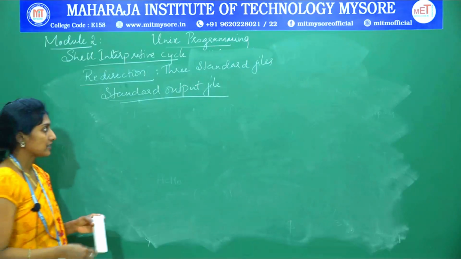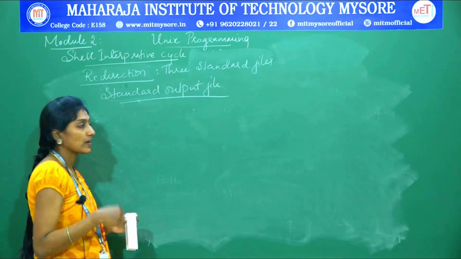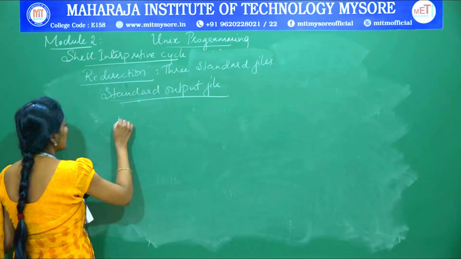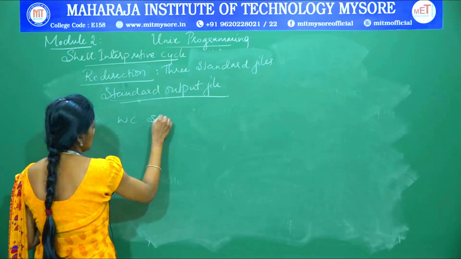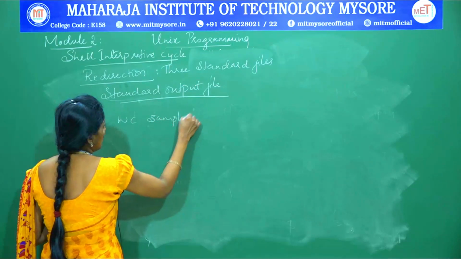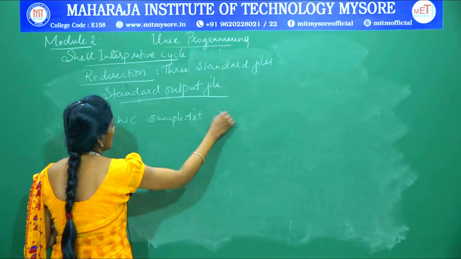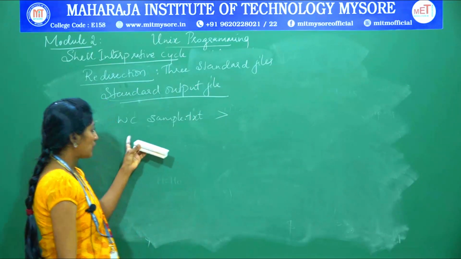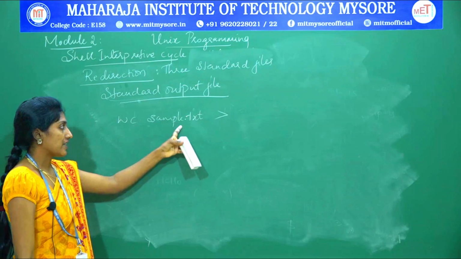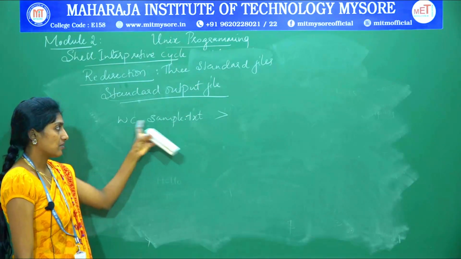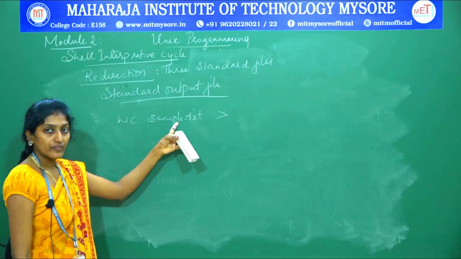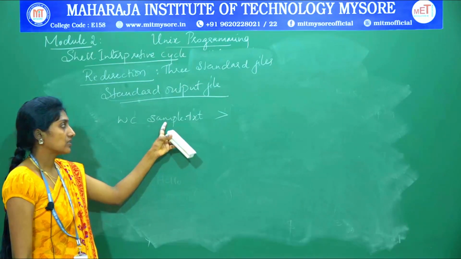You can redirect the content of one output into another by using this redirection symbol. If I consider wc sample.txt and want to redirect that output, what will you get? The number of words, lines and characters present within this file.